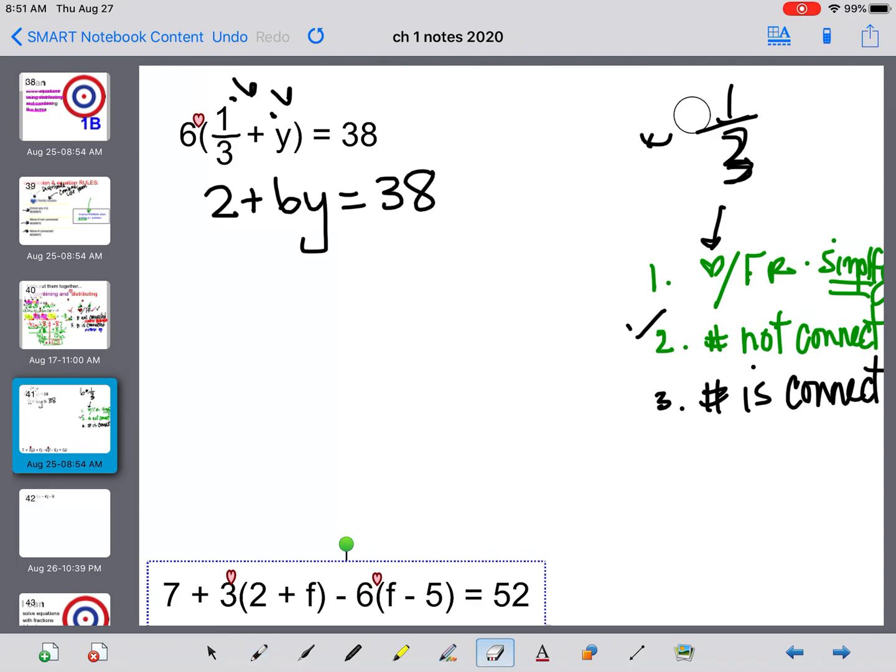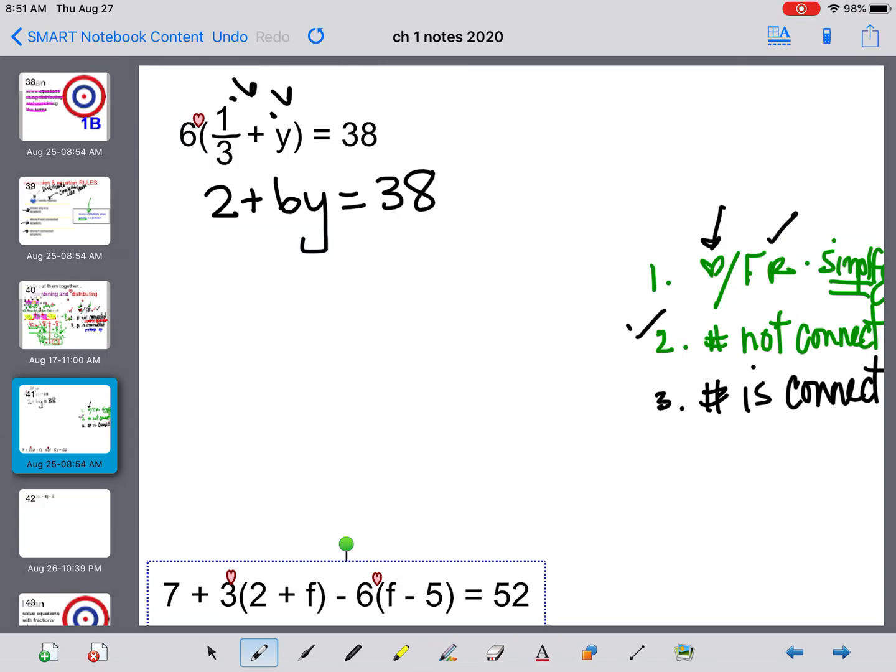Multiply by the top and divide by the bottom. 6 times 1 divided by 3 equals 2. That's just a little trick that I use quite a lot in math. Multiply the top, just divide by the bottom, in order to help simplify multiplying with fractions.